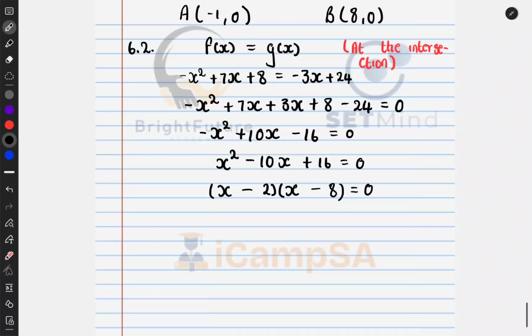Yes. So therefore the value of x is equal to 2 or x is equal to 8.